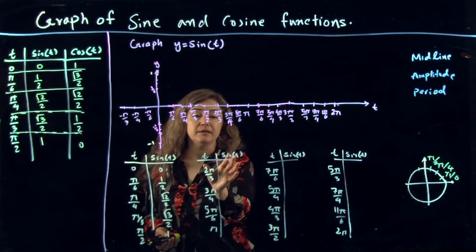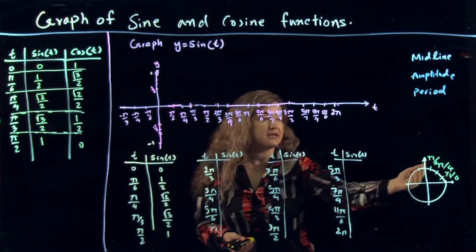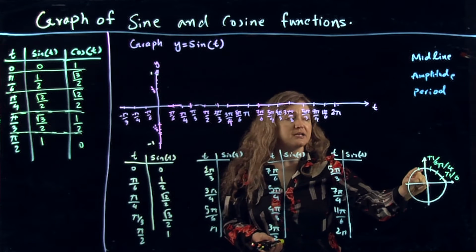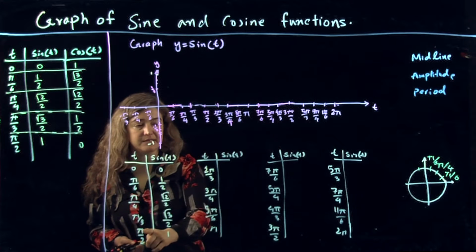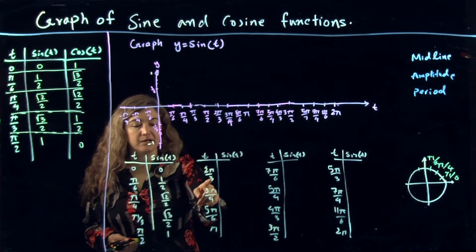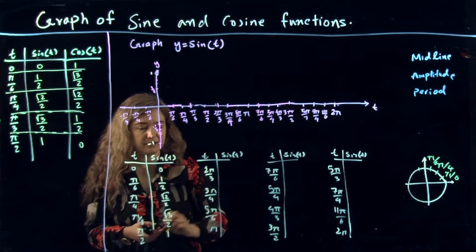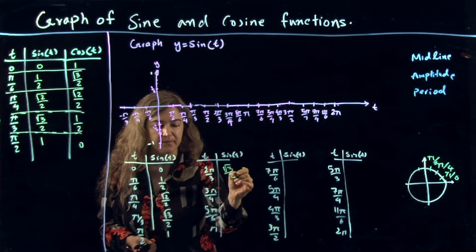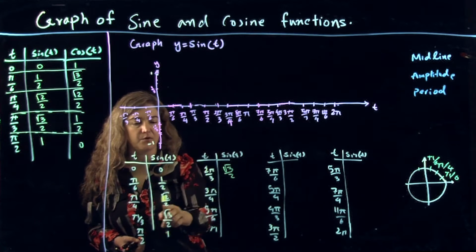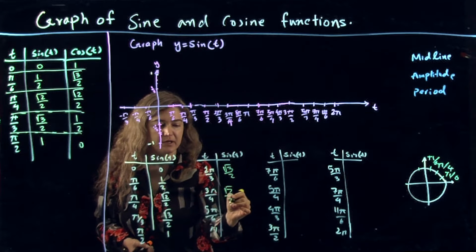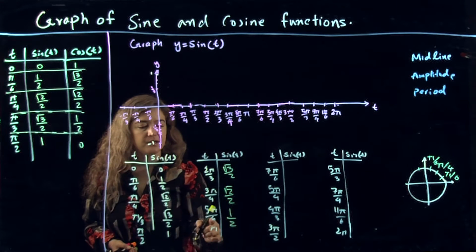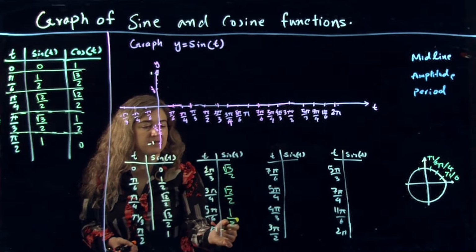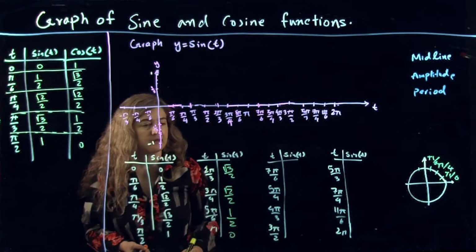Then the second quadrant, where sine is still positive, so I use the values that I have. The denominator here is 3, so I use square root of 3 over 2. Denominator 4, square root of 2 over 2. Denominator 6, 1/2. And the end point is going to be 0.